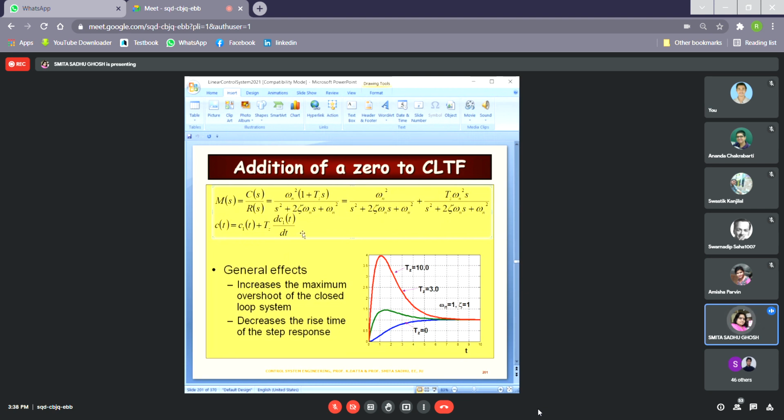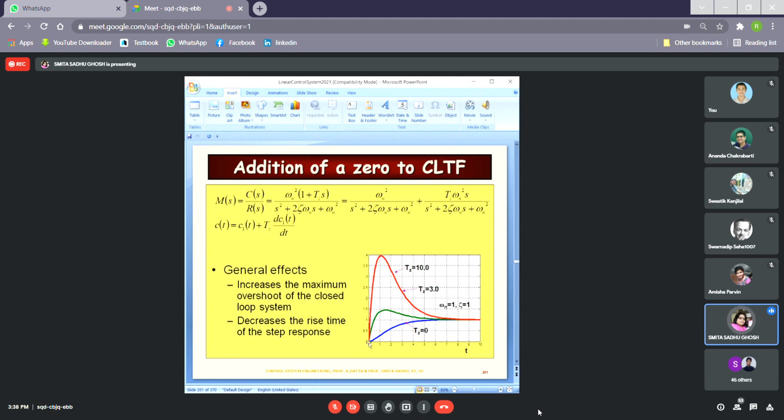Now if that were to be plotted using MATLAB, that has been done over here with typical values. Specifically for this plot, omega n is taken as 1, and damping ratio is taken as 1 as well. There's a specific reason why damping ratio is taken as 1. Damping ratio 1 means what? It's a critically damped case.